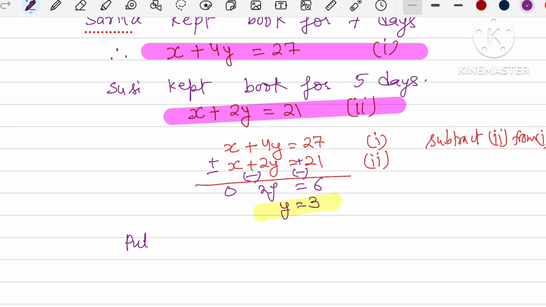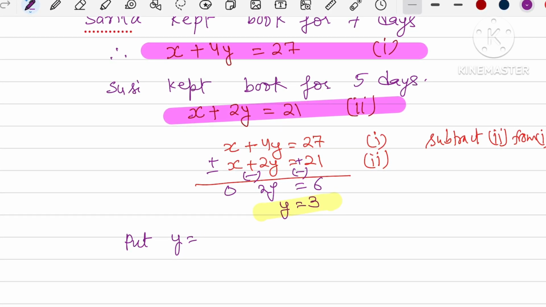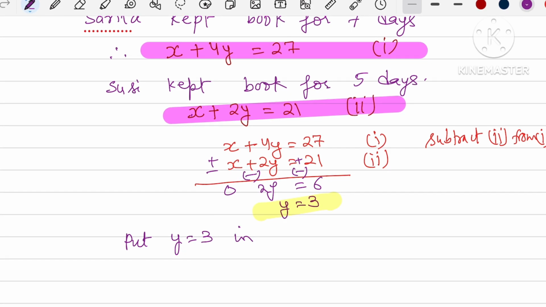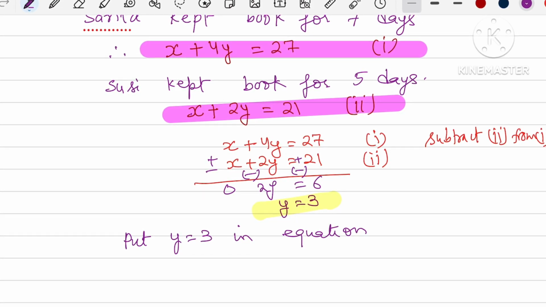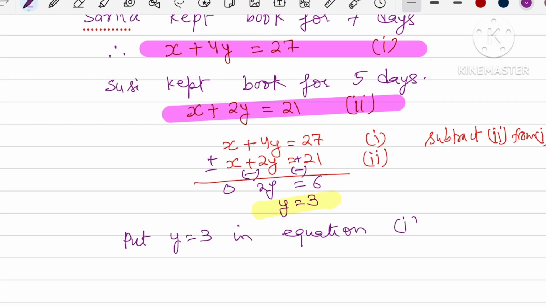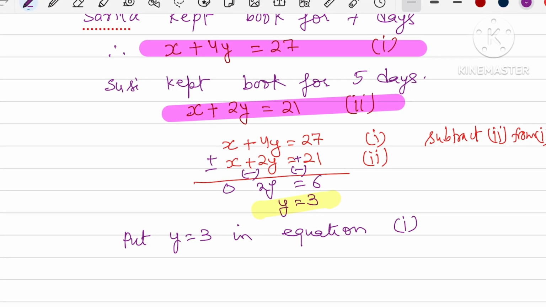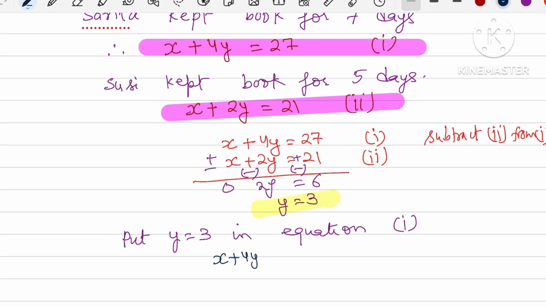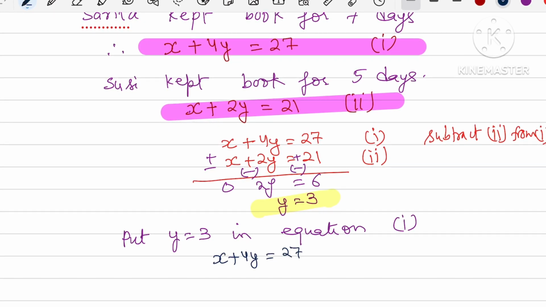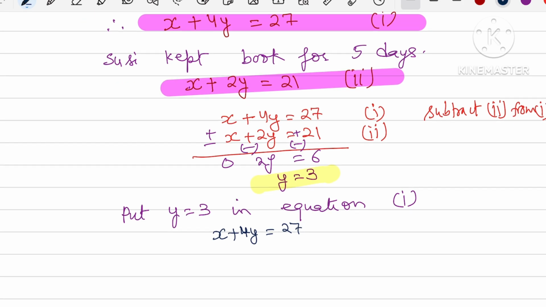To find x, we have to put y is equal to 3 in either equation 1 or equation 2. So we are using this in equation 1. Equation 1 is x plus 4y is equal to 27.